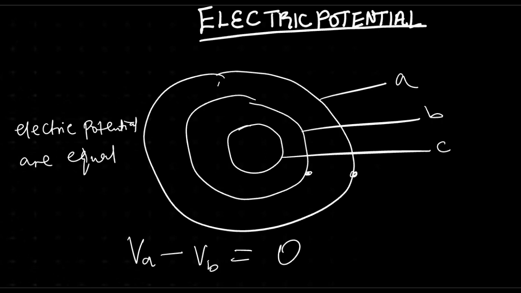So there is no potential difference. In an equipotential surface, the potential difference is equal to 0. Are we there? We are there, right? Alright.